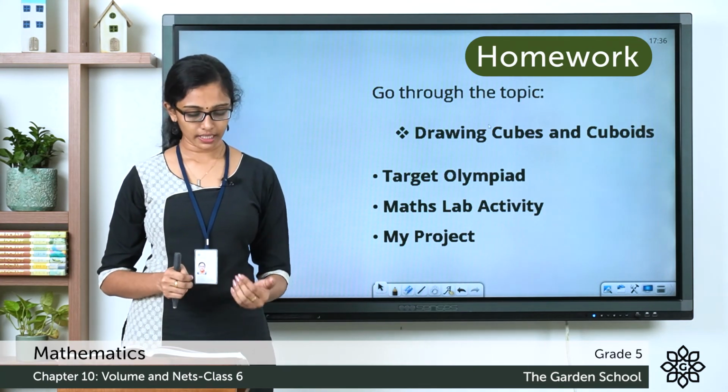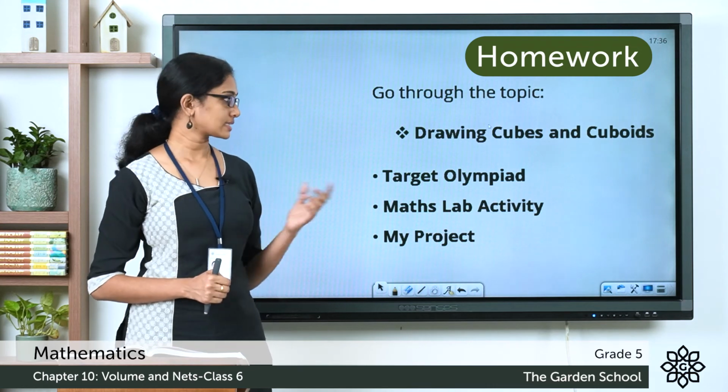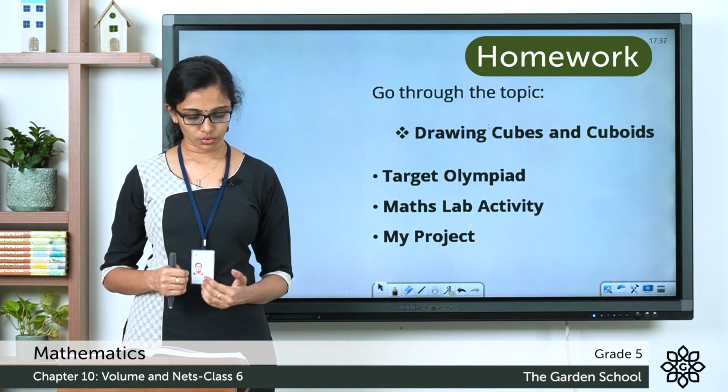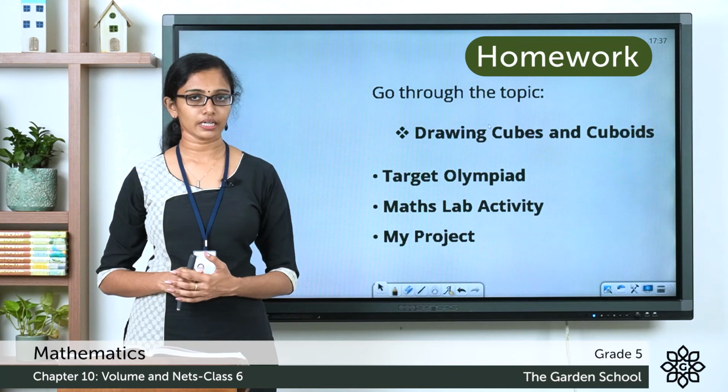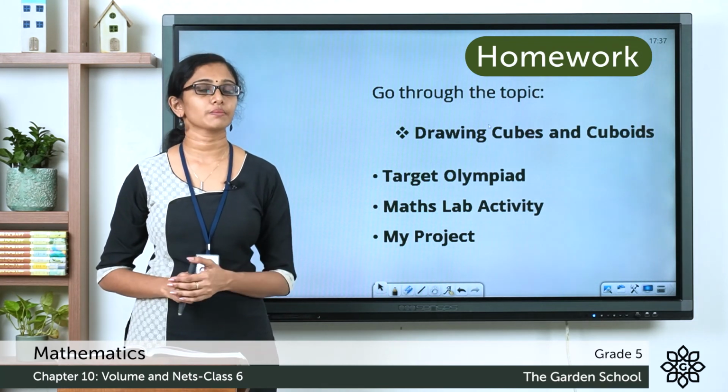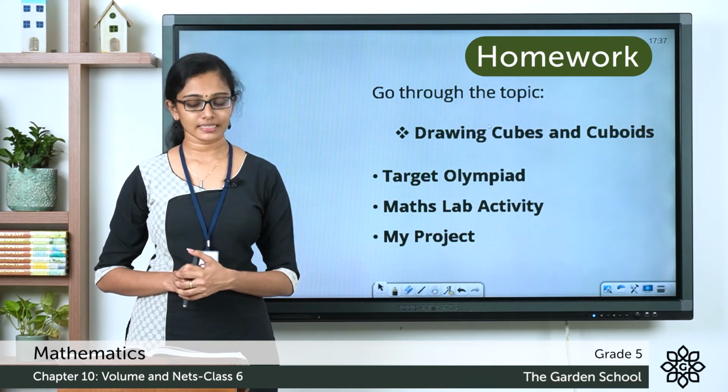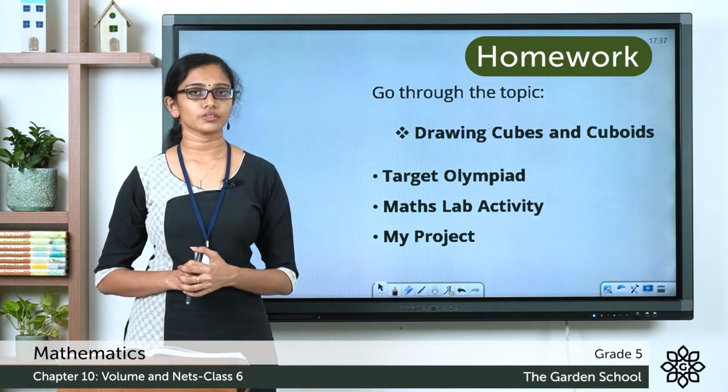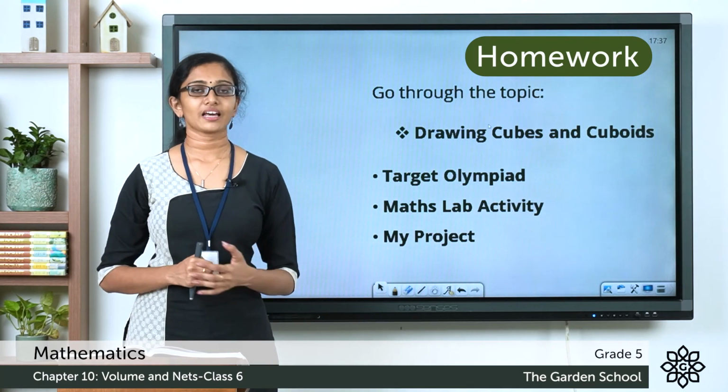Once you are done, move on to the target Olympiad exercise on the same page. Go through the 2 questions given there. On the next page, page number 161, you have a maths lab activity and my project. Go through those as well.